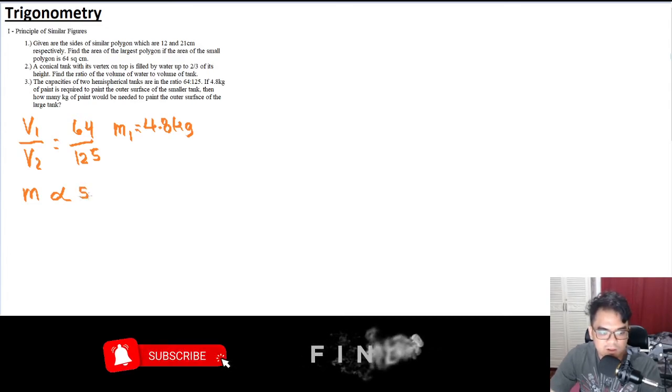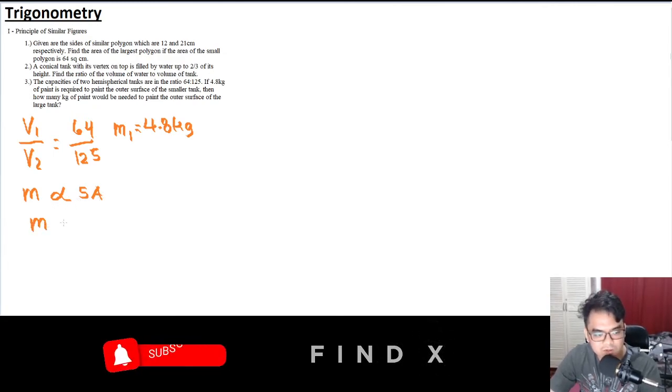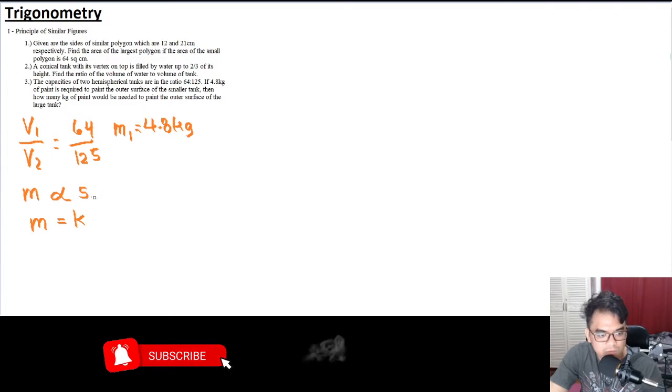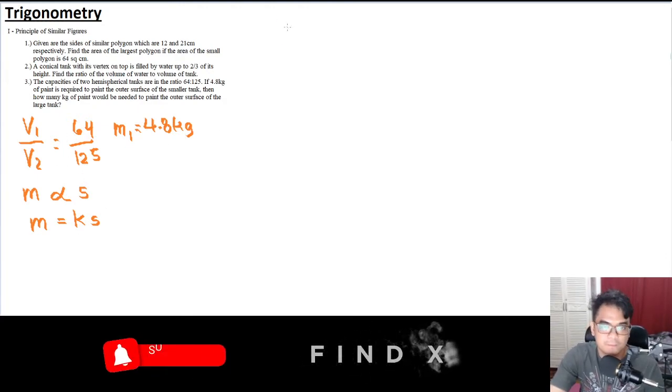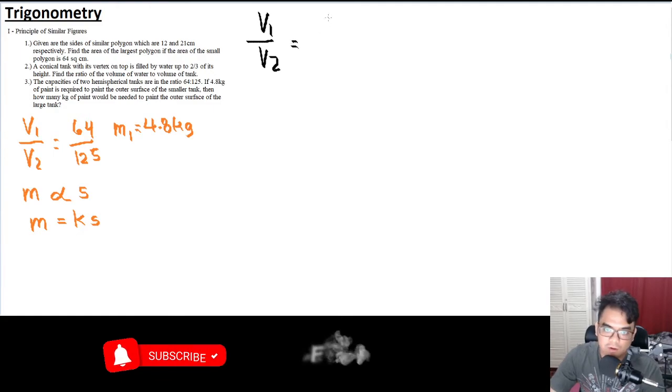So let's say m is proportional to S. Therefore, using the proportionality constant, you can rewrite this as m is equal to k times S. Therefore, we can make a relationship with v1 over v2; this is now surface area, so S1 over S2.